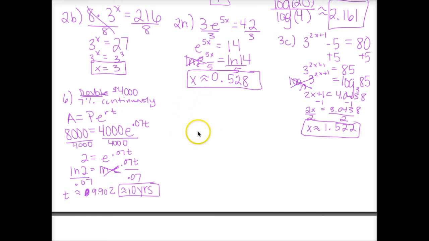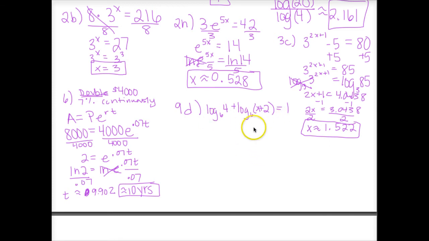All right, almost there. We also learned how to solve logarithmic equations. So for instance, number 9, I'm going to look at 9D, where we had log base 6 of 4 plus log base 6 of x plus 2 equals 1.